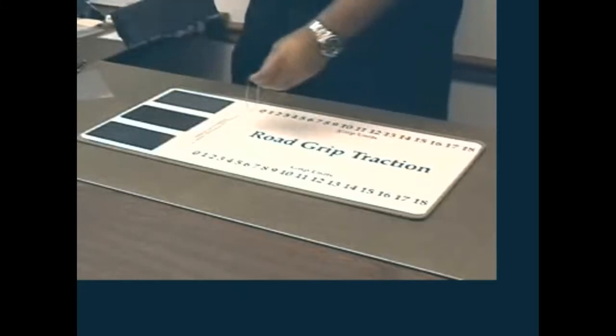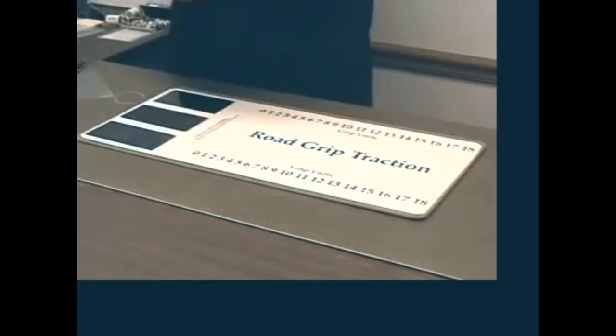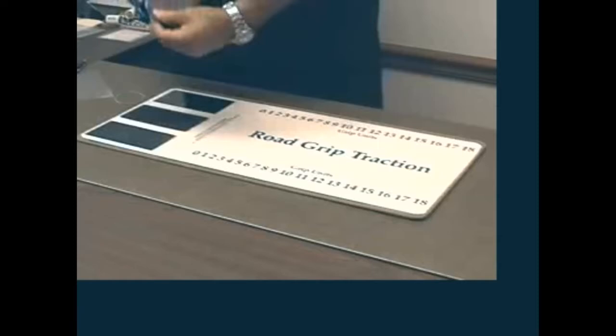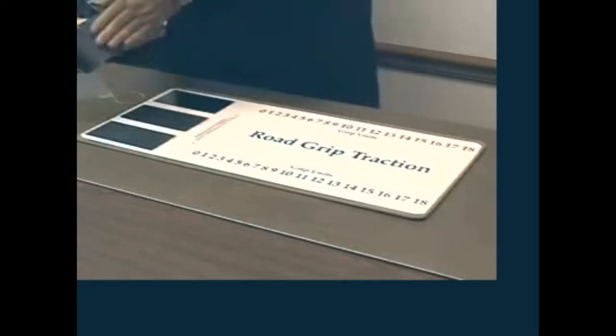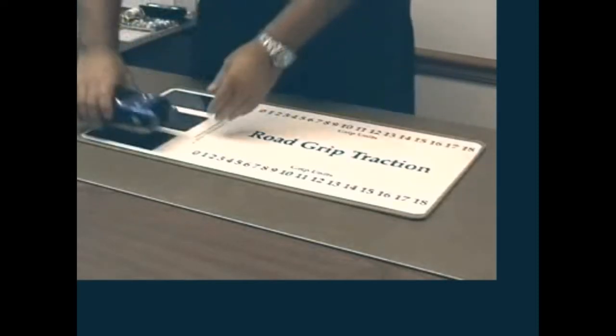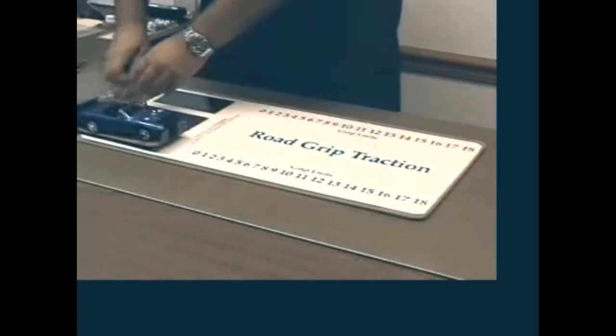Well, what are some other factors that affect the traction that we would have? Suppose that we had bald tires, worn tires, instead of tires with real good grip to it. So we'll just reverse our sandpaper here and use the bald side on a good roadway.